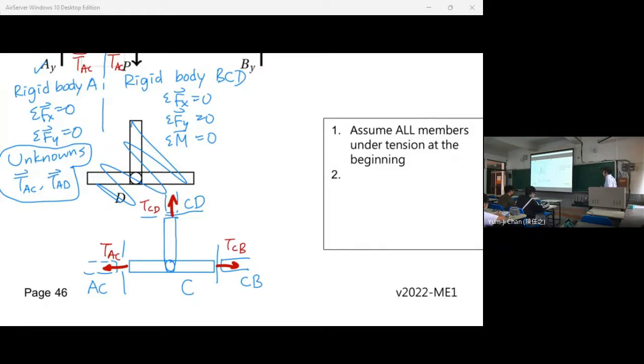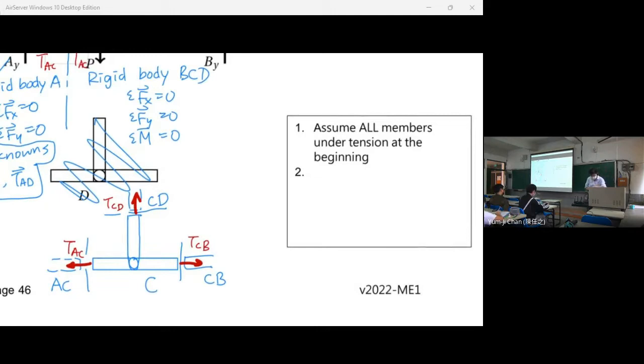Now, in terms of physics, some members, some rods, will have compression and some rods will have tension. Let me write them down.